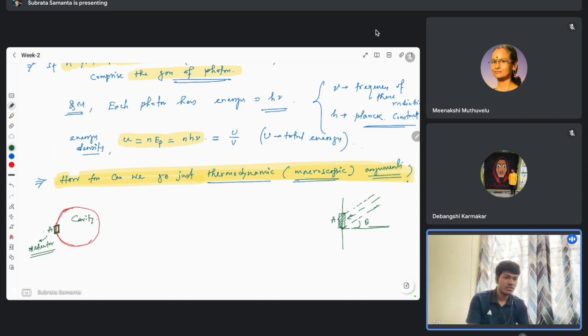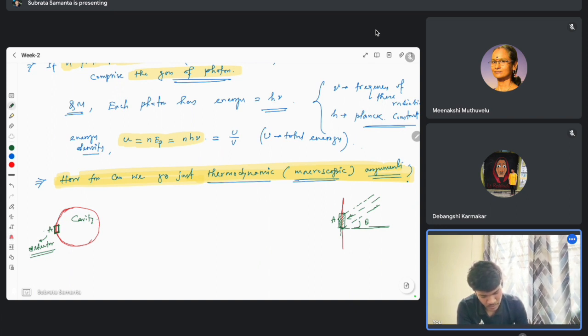When we study the kinetic theory of gases, the gas molecules hit the surface at an angle theta to the normal of the surface. In a time delta t, if the speed is c, the distance covered is c delta t.